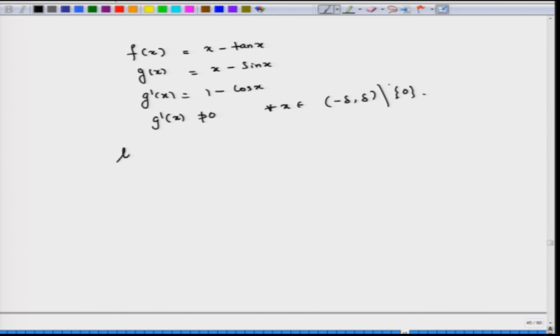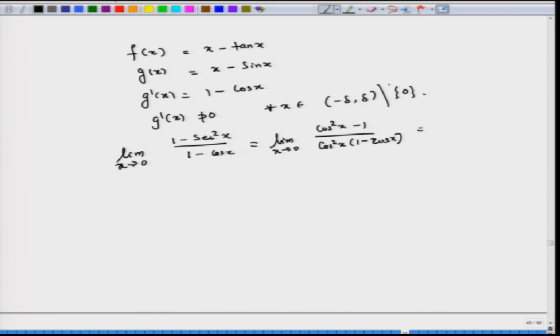Therefore, the limit as x goes to 0 of f prime over g prime, which is 1 minus secant square of x divided by 1 minus cos x, is equal to the limit as x goes to 0 of (cos square x minus 1) by cos square of x into (1 minus cos x), which is equal to the limit as x goes to 0 of minus (1 plus cos x) divided by cos square of x. This is equal to minus 2.